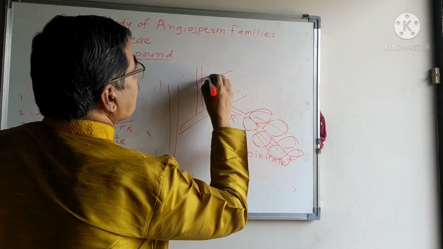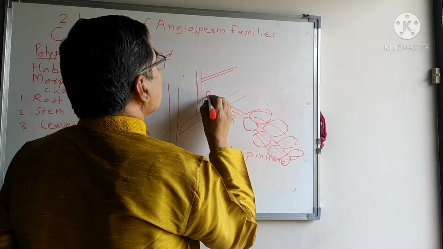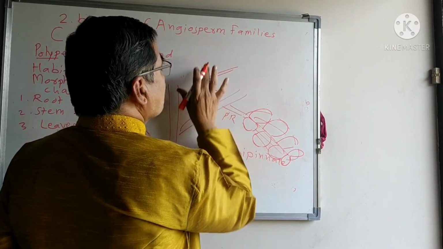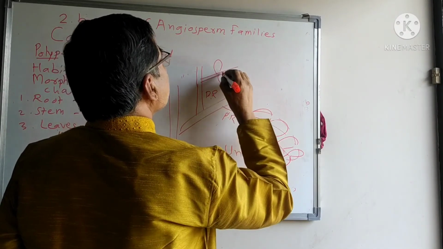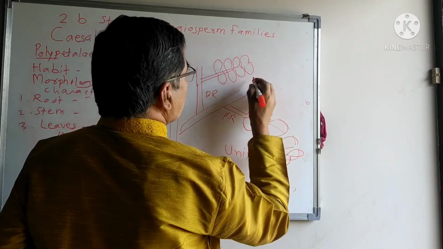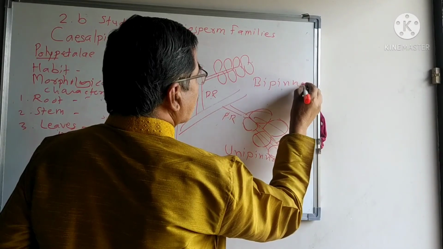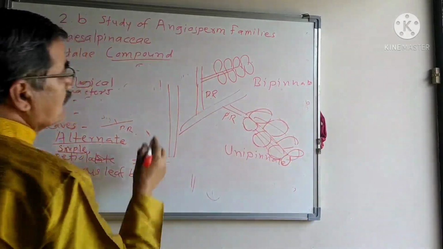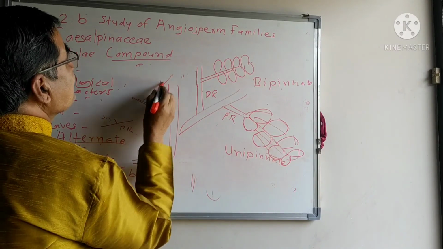On the primary rachis, secondary rachises are developed, and on the secondary rachis, leaflets are produced. This is known as a bipinnate compound leaf.